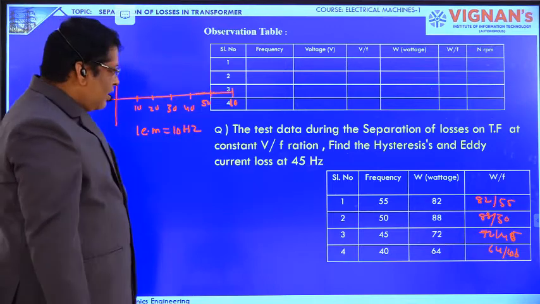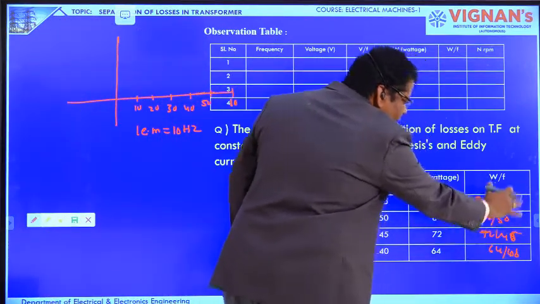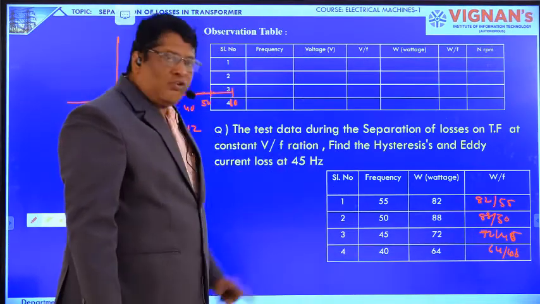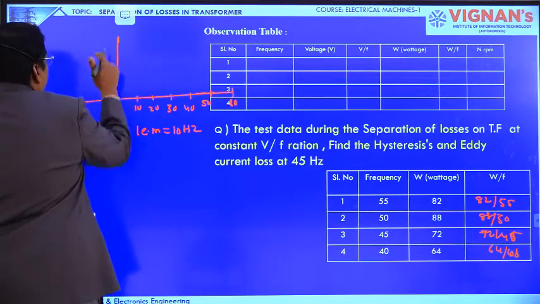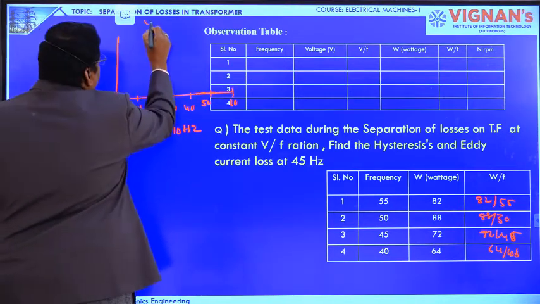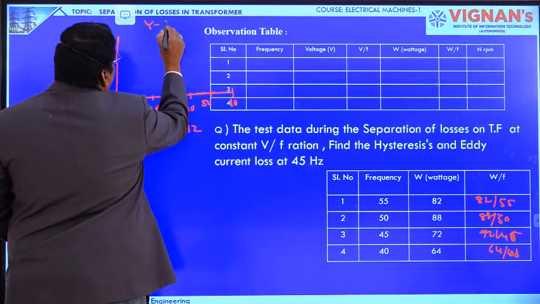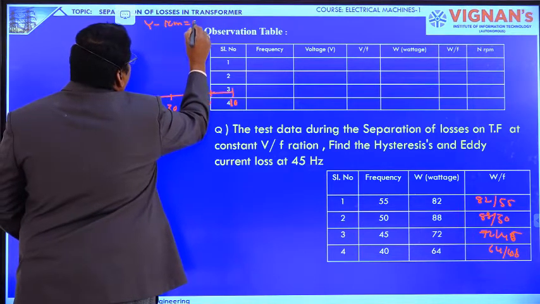In the same manner, after finding these values, we are getting some absolute value. Based upon the absolute value, now we have to take the scale for the y-axis. The y-axis scale we have taken as 1 centimeter equal to 0.5.